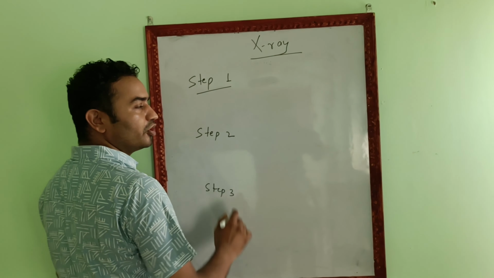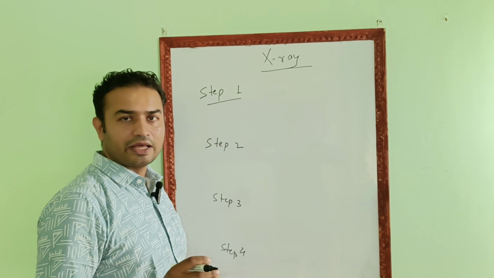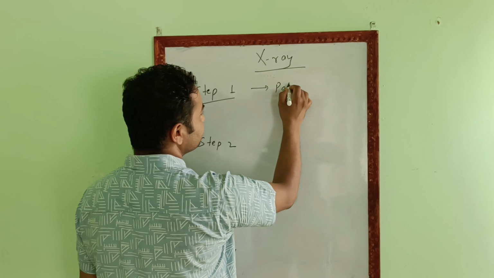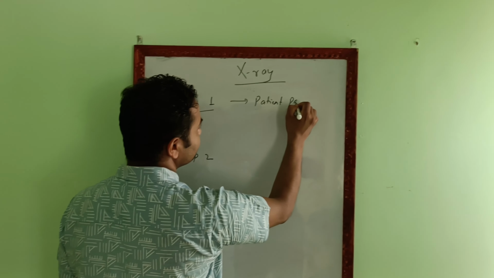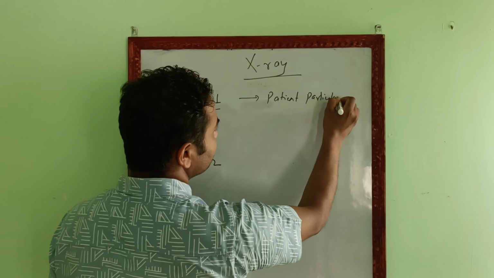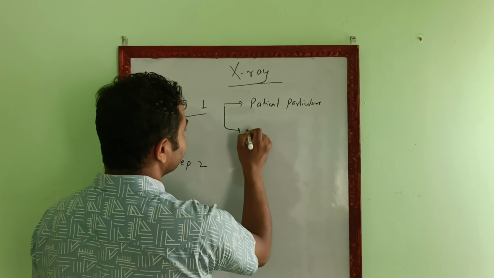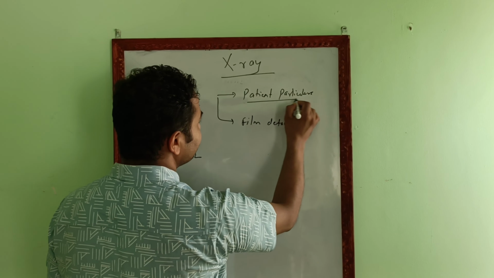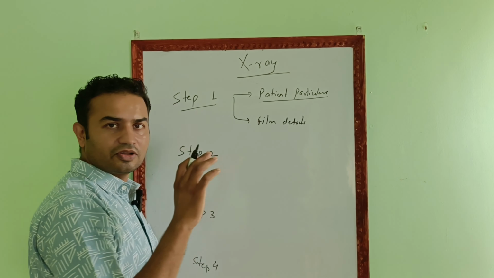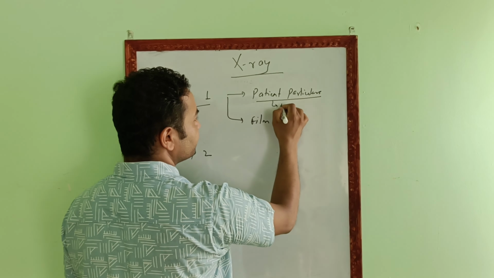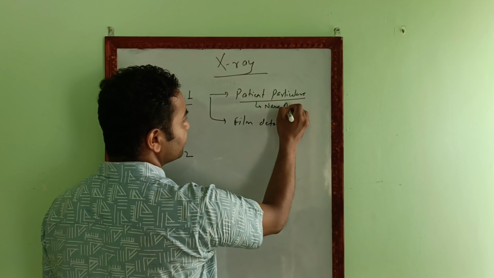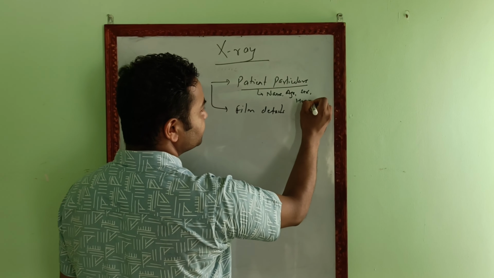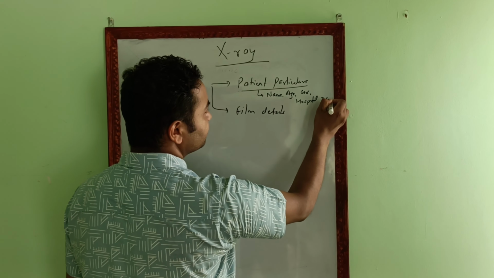In step 1, you need to focus on the film and the patient particulars. In patient particulars, it's already written on the X-ray: the name, age, sex and hospital ID number.